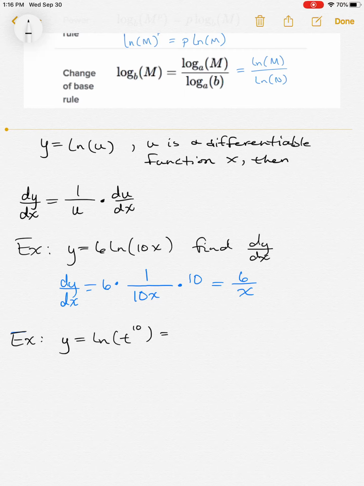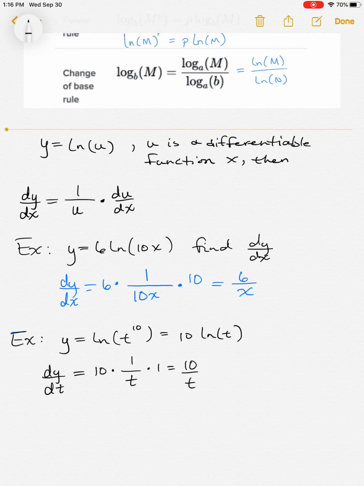The short way is applying the property, and you have 10 natural log of t. All we did was apply the property. If we're going to find dy/dt, after we apply the property, we'll have 10 times the derivative of the natural log piece, and that gives us 10 over t.